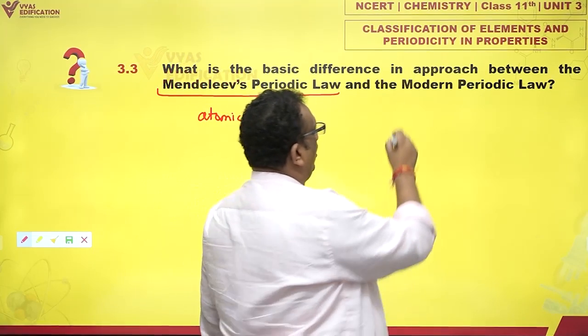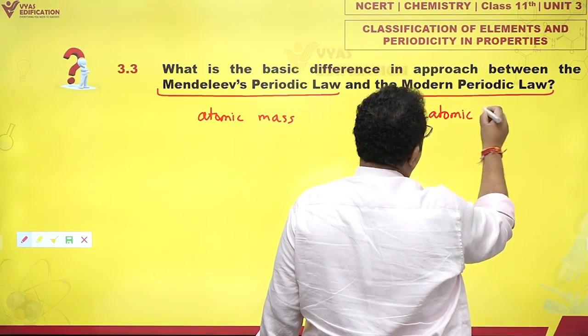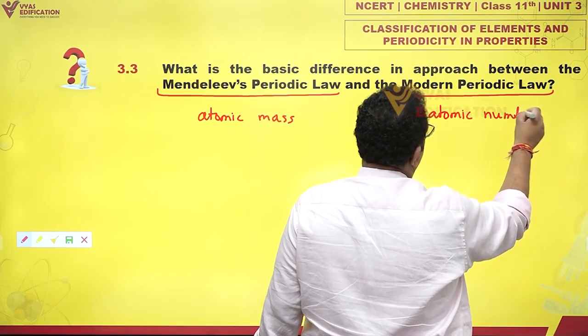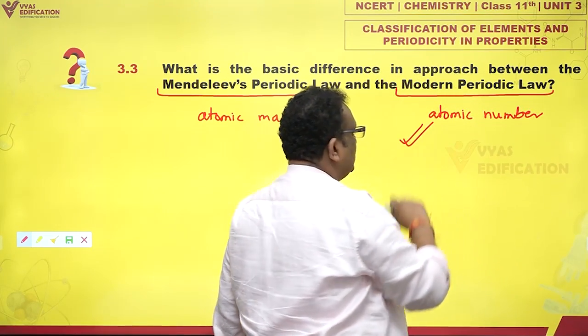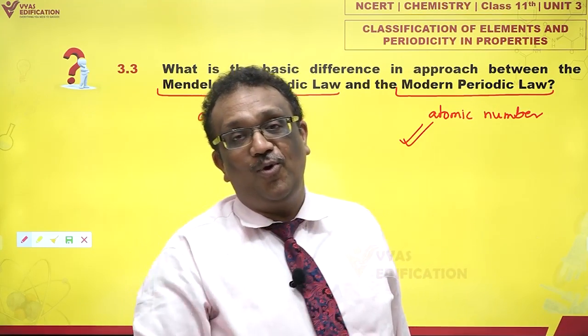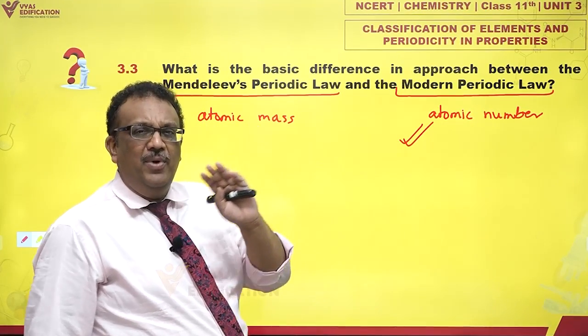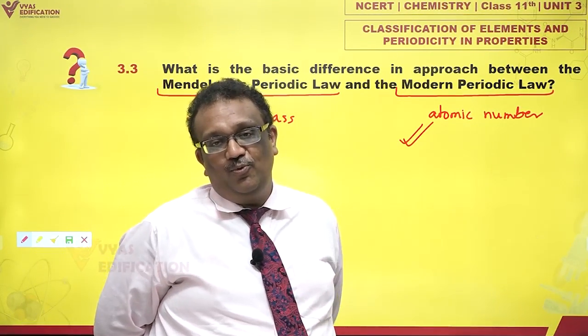And the modern periodic law talks about the atomic number. And indeed, this was the case. Atomic number was found to be a more fundamental property as compared to atomic mass, and this is the major difference between these two approaches.